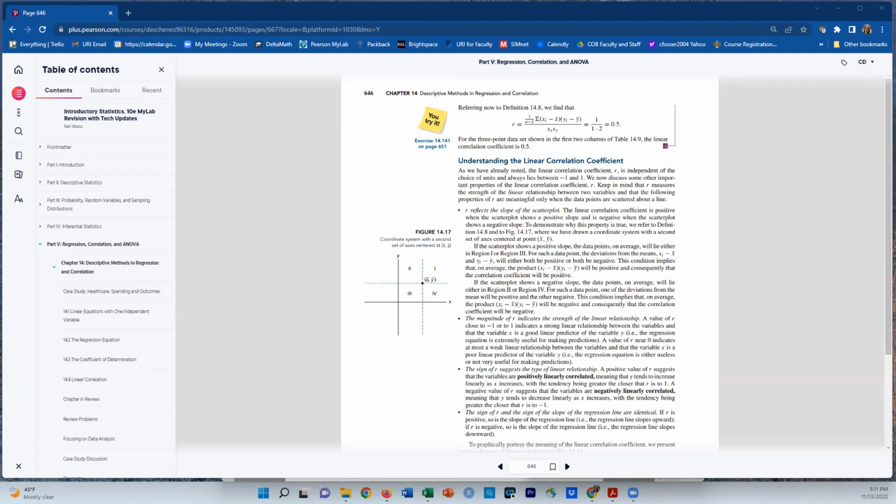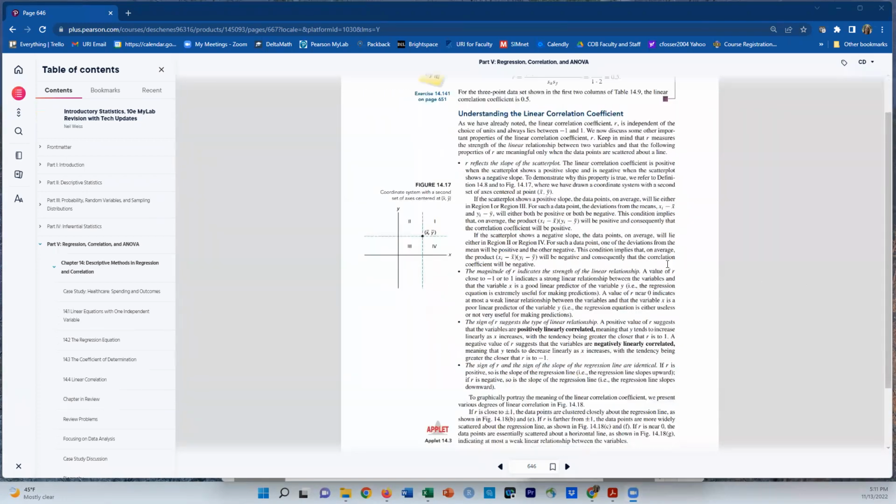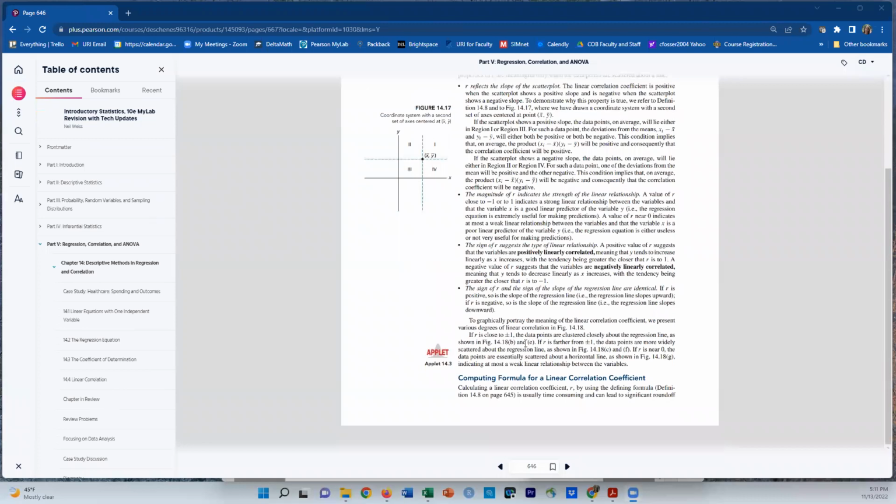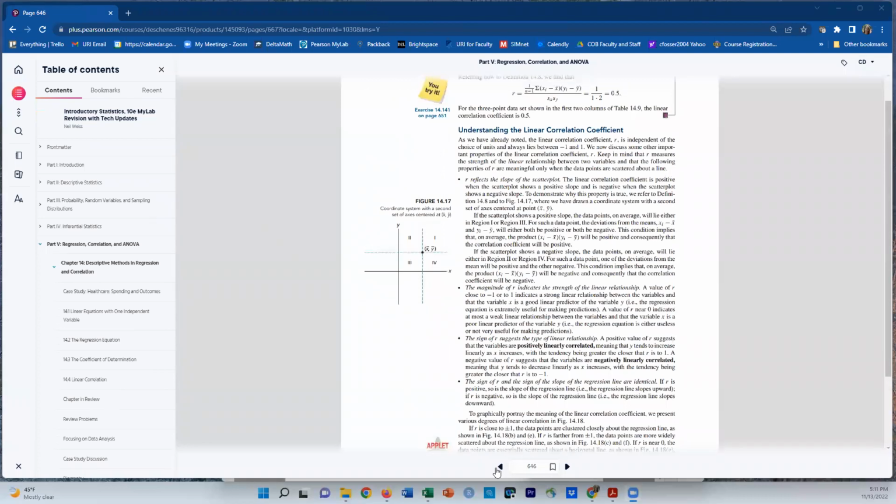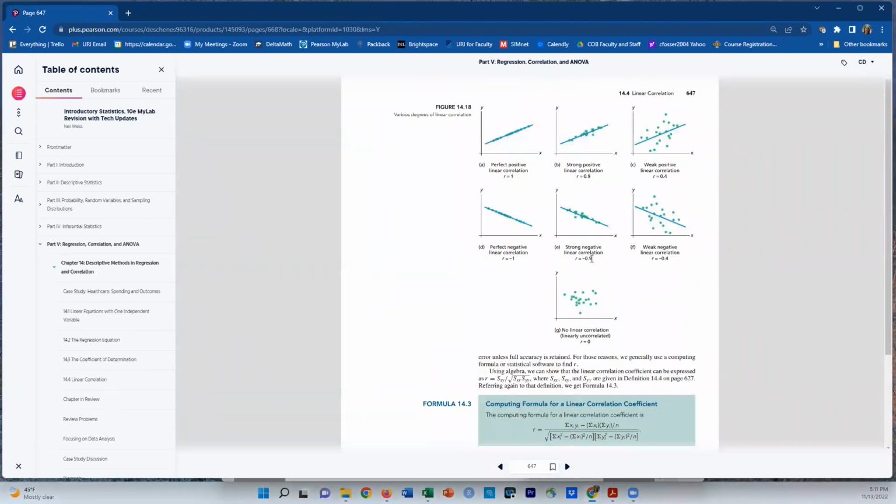Okay, and in order to calculate the correlation coefficient, I'm going to show you how to do that in Excel. But one thing that's important to understand is that, depending on some weird ways that your data could have values, you could get R values that would imply you have a linear relationship, but if you actually graphed it, you don't.